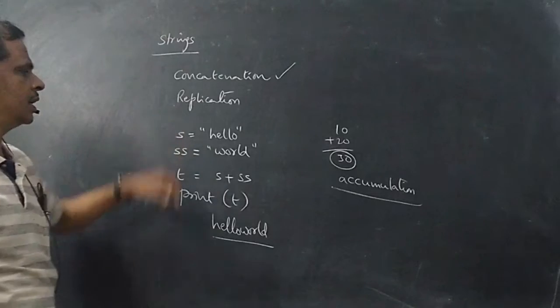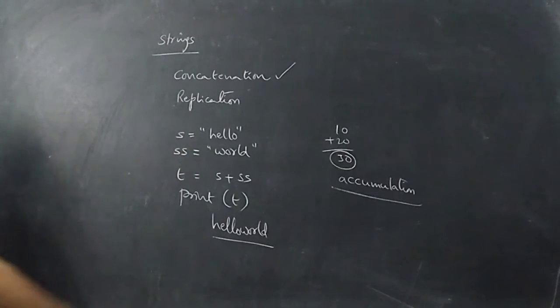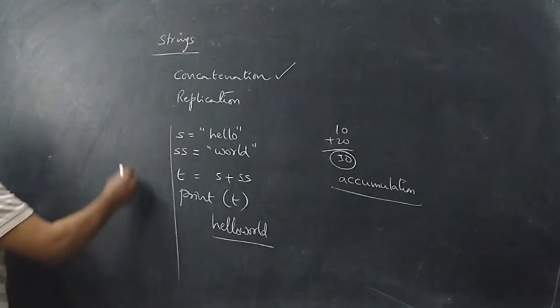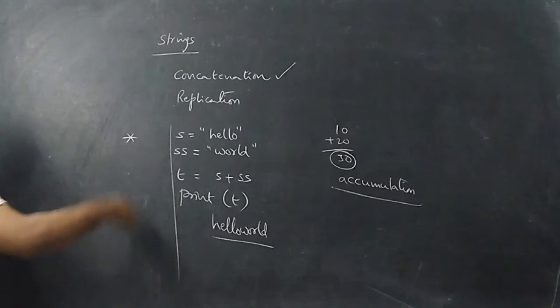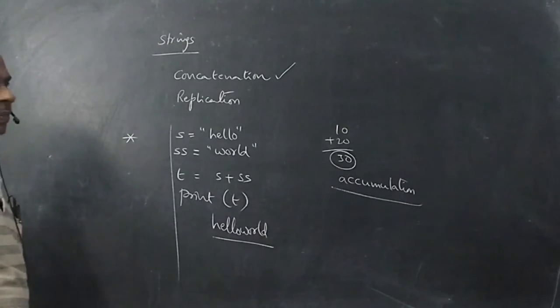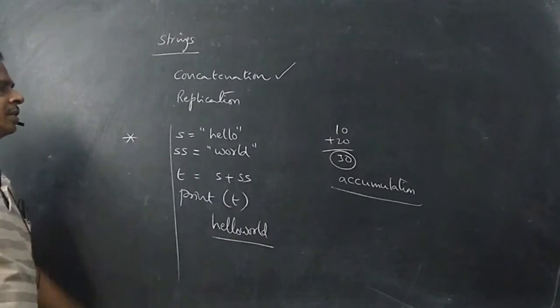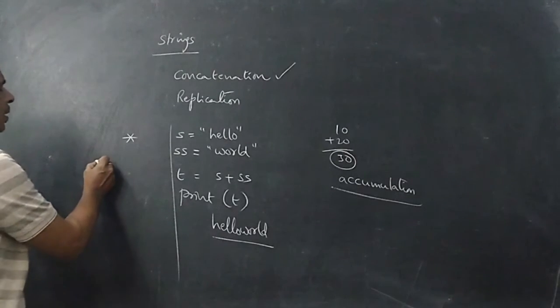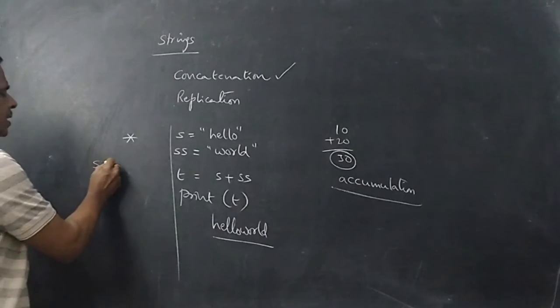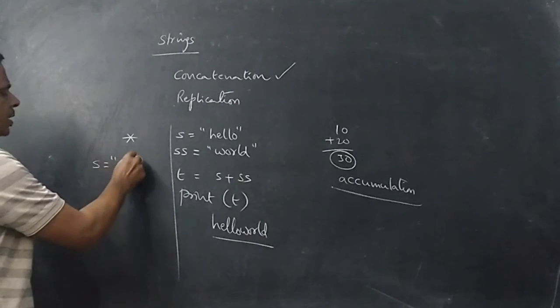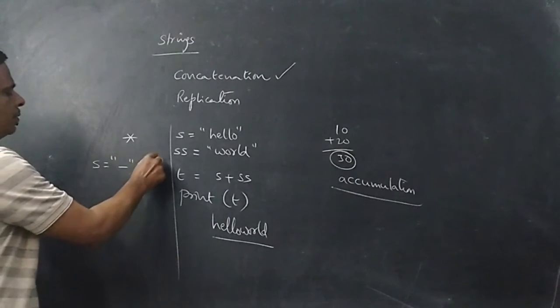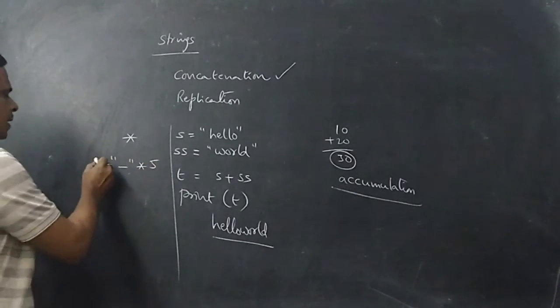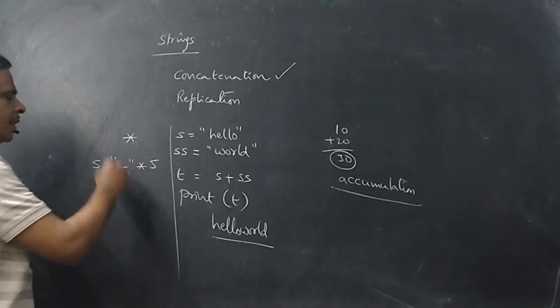And the other word is replication. What is replication? For replication, you are going to use the multiply symbol. What does replication mean? A symbol is repeated several times. For example, if you say S is equal to hyphen into 5, that means in S there will be 5 hyphens.